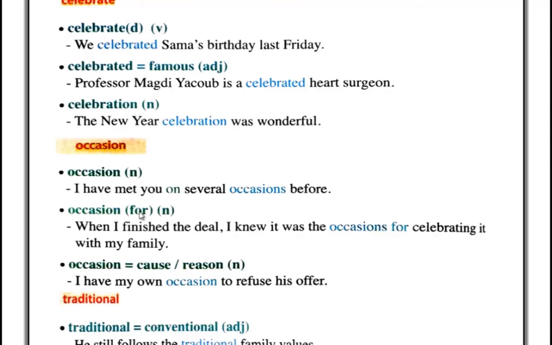Occasion for, noun: when I finished the deal, I knew it was the occasion for celebrating it with my family. Occasion can also mean cause or reason. I have my own occasion, I have my own reason to refuse his offer. Okay?